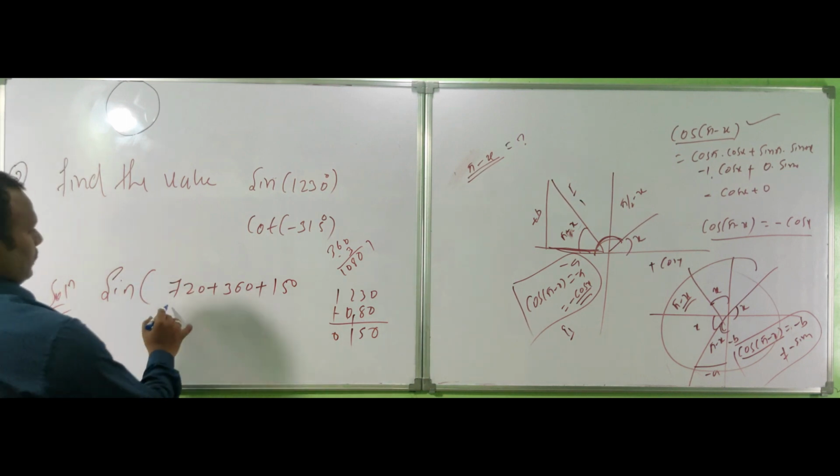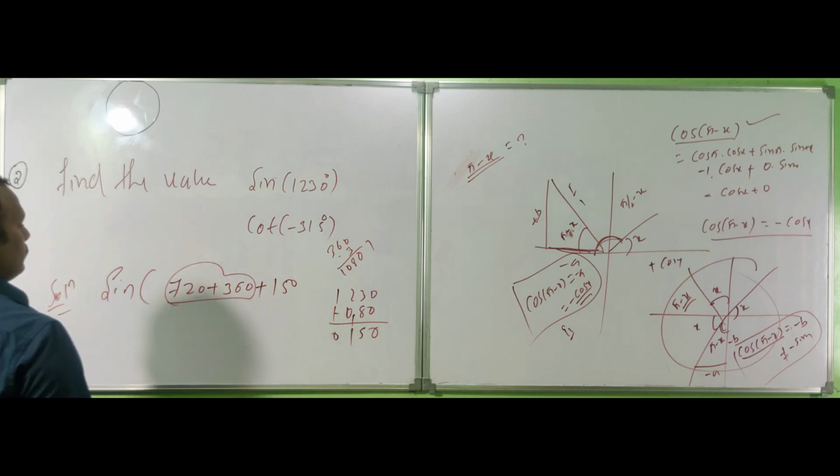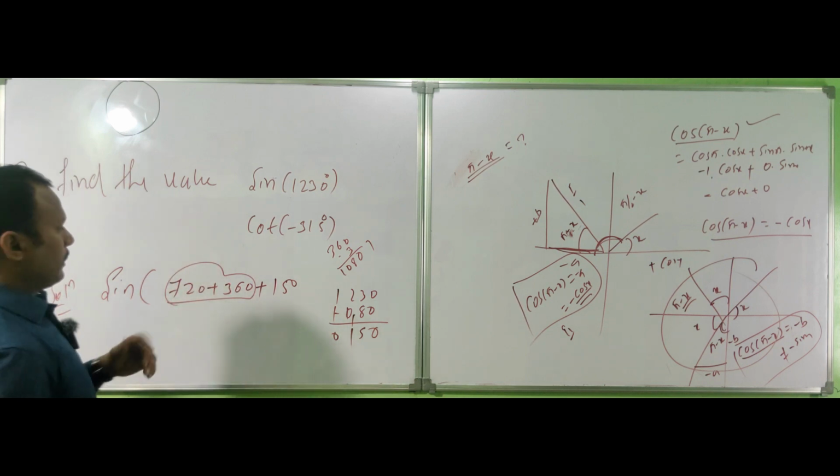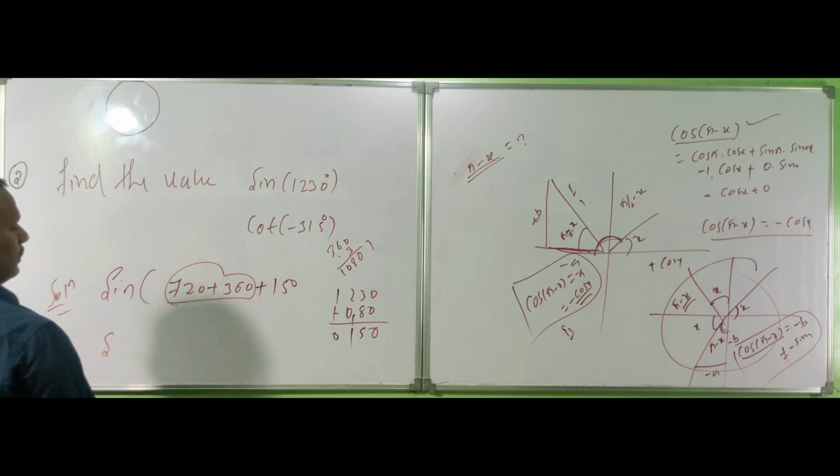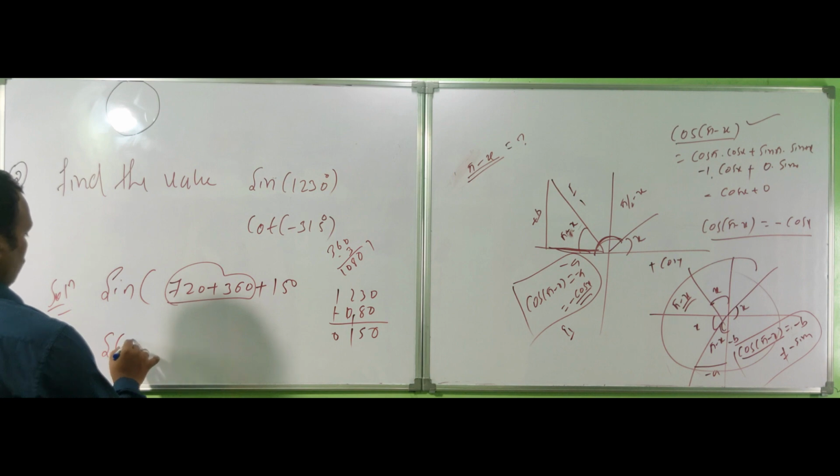So it becomes sin of 3 times 360 plus 150.